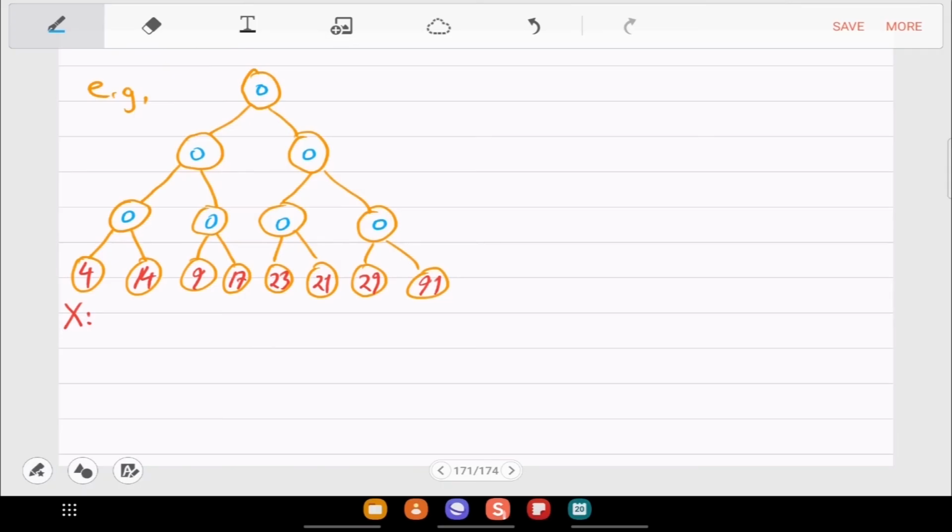And then multi-increment is called on interval 0 to 6. You have to add 10. So what should you do? How will this data structure change?